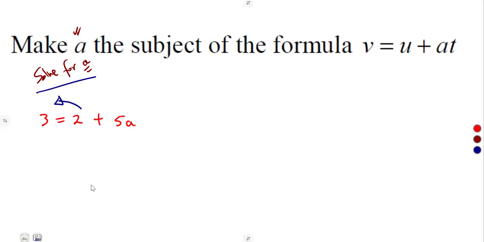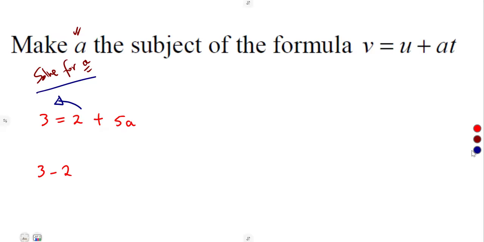Why? Because on that 2, we do not have A. We do not have the letter to be solved for. It's a constant. So you take it to the other constant, which is 3. So it will be 3 minus 2. The moment it crosses the equal sign, remember it changes the sign.